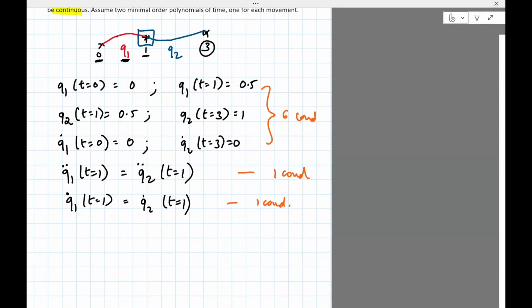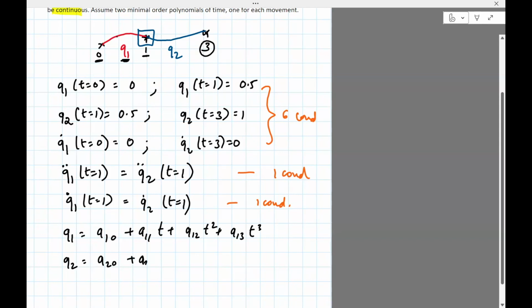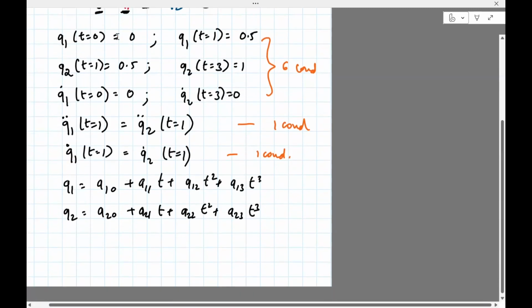So to generate 8 equations with 8 constants, we'll assume the same form: a10 plus a11t plus a12t squared plus a13t cubed. That's for q1. And for q2, we'll have a20 plus a21t plus a22t squared plus a23t cubed.